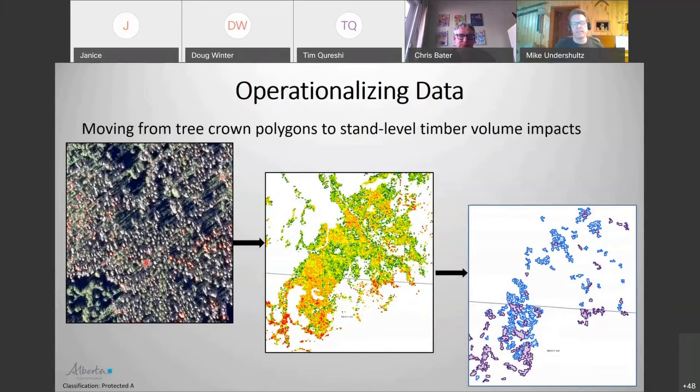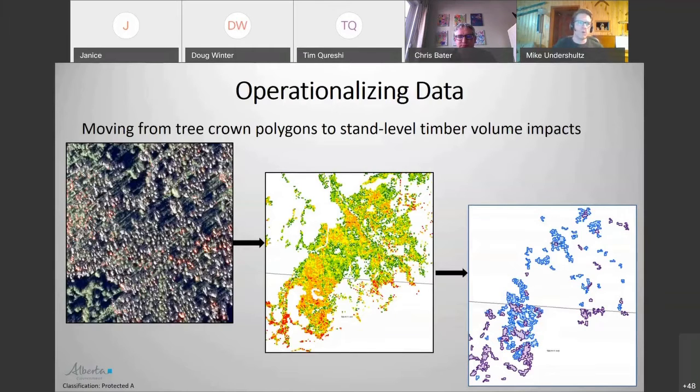So looking at this from a basal area impact, we knew that it wasn't going to be a direct apples to apples comparison. So we had to do a little bit of work, and it was through some ground survey assessments that got us from this tree crown all the way to polygons of basal area mortality.